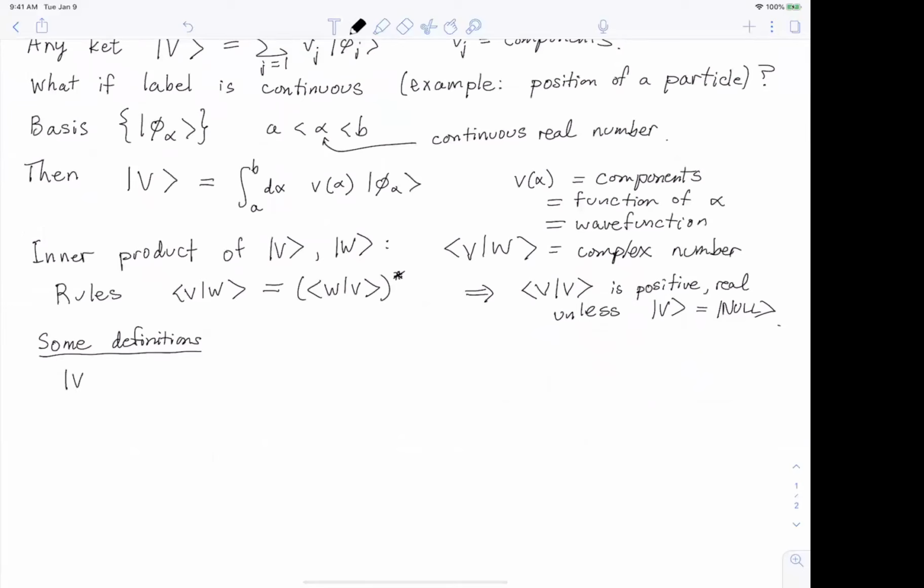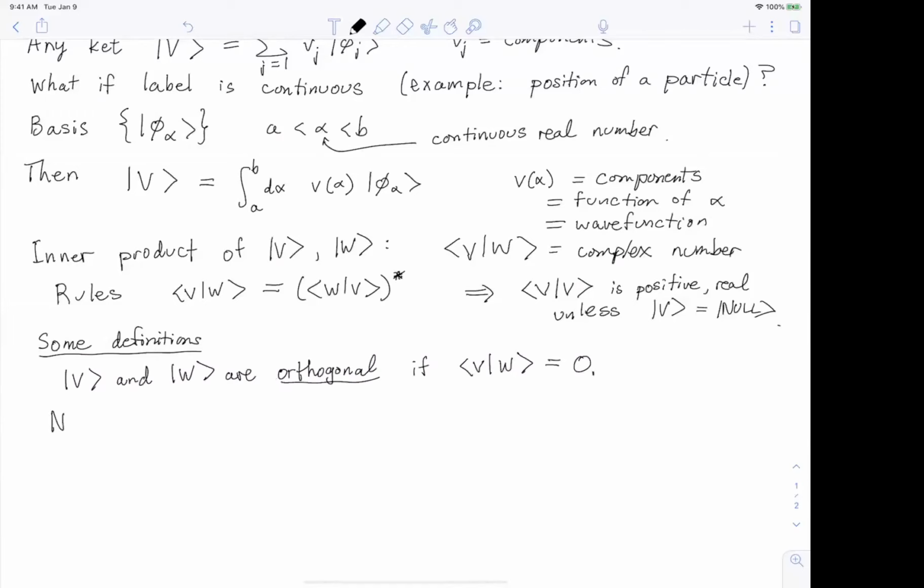V and W are orthogonal or perpendicular if they have zero inner product. And if they have zero inner product, of course, it doesn't matter whether we write VW or WV because of the rule about complex conjugating. If it's zero, it's zero. Okay, so that's orthogonal or perpendicular.